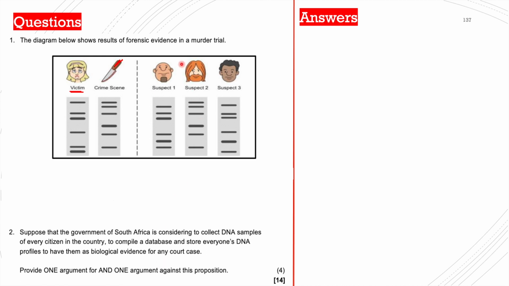And then we have the DNA profile of these three gentlemen that were arrested and suspected of having murdered the victim. Okay, guys? Now here, the DNA profile of the suspect must match 100% to the DNA profile found at the crime scene.